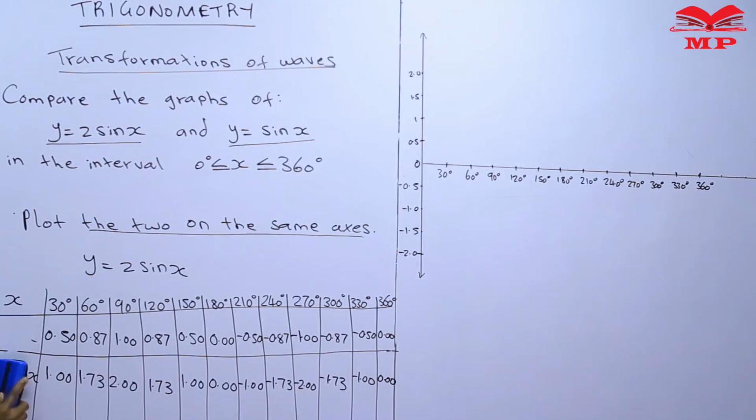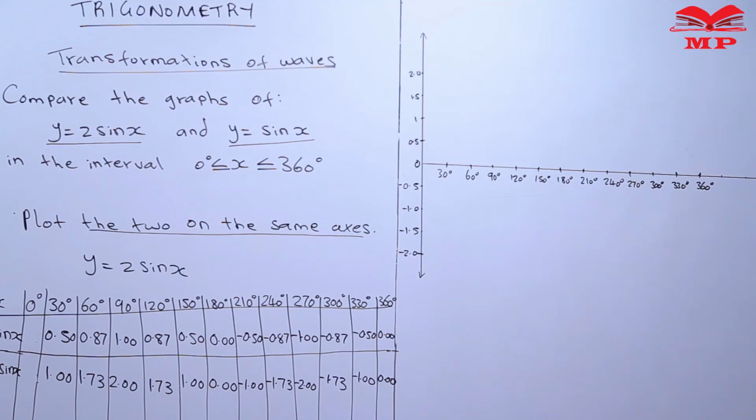So we need to add the 0 degrees. This is our x. This is our y, which is sine x. This is our y, which is 2 sine x.